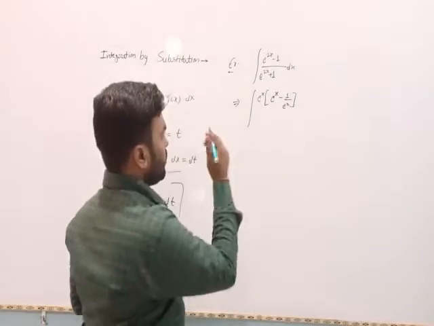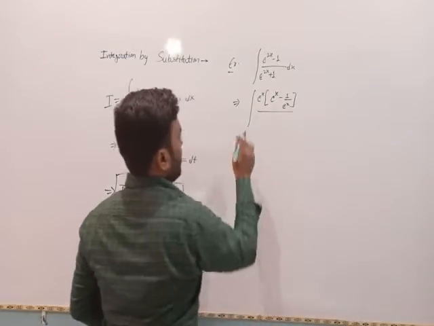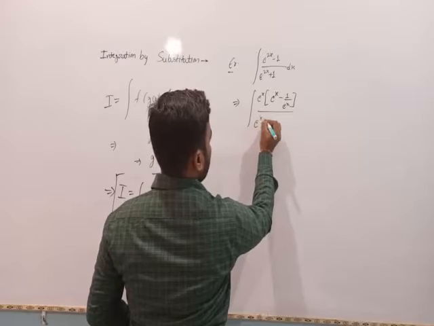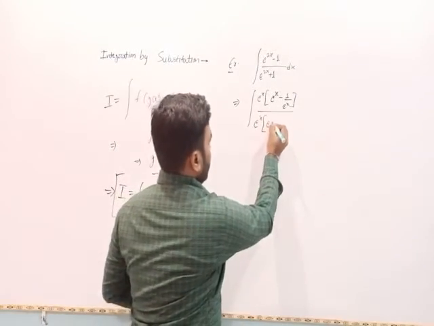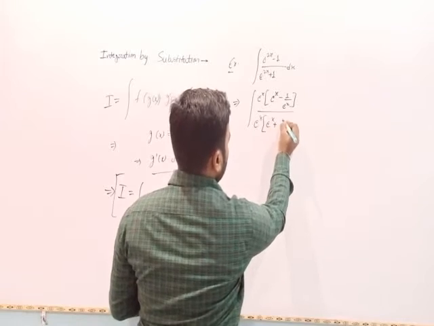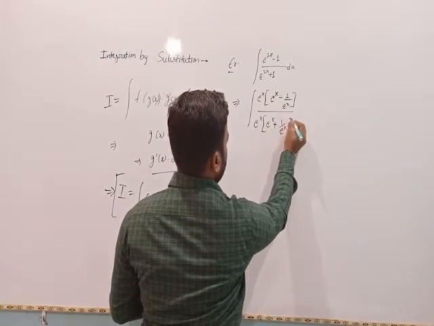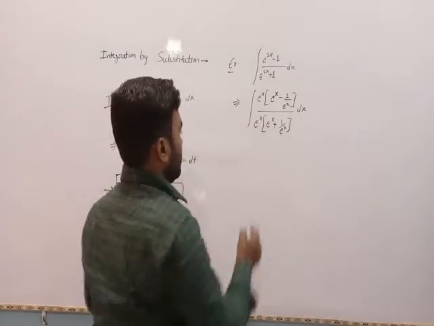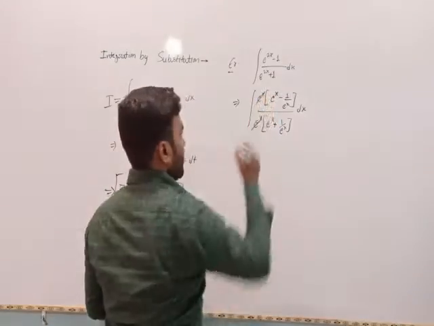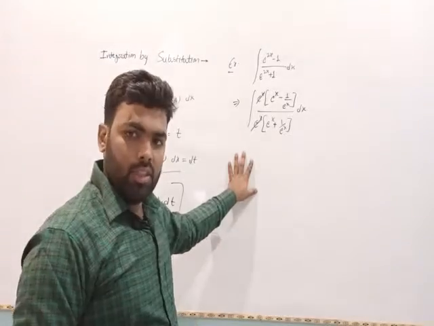In the denominator, if I take e to the power x common, then this will become e to the power x plus 1 upon e to the power x, into dx. Now e to the power x and e to the power x both will get cancelled with each other.